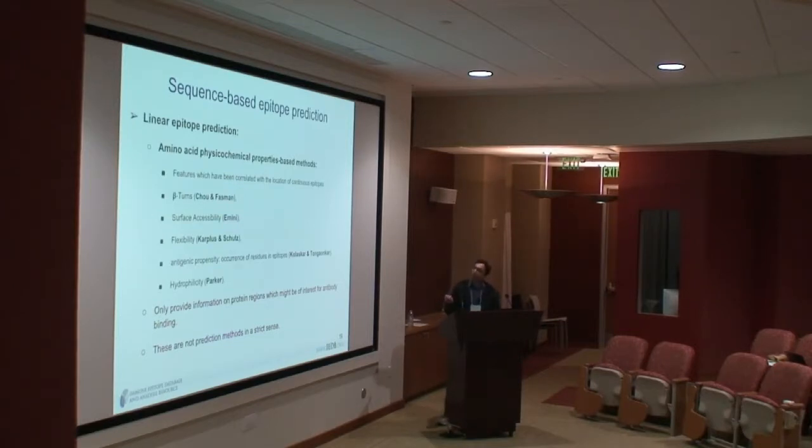So as Bjorn mentioned, for the linear epitope prediction tools, for historical purposes only, I guess, we have these amino acid based scales. So why do we have these? Because some of these features were correlated with the presence of continuous epitopes in proteins or antigens.